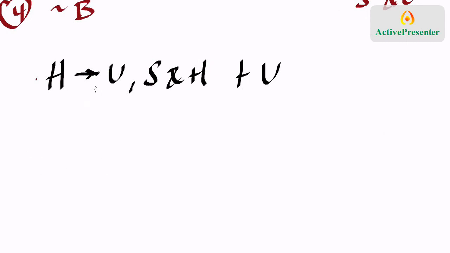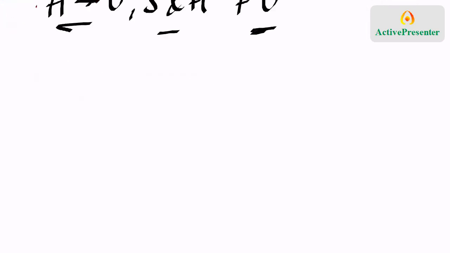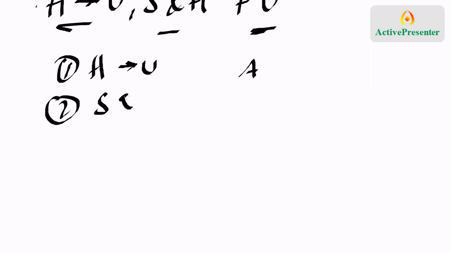Okay, next I want to prove this. H arrow U, that is if H then U, S and H, turnstile U. So now we have two premises, this, and we want to prove U. Alright, so we've listed our two premises as the first two lines of our proof.